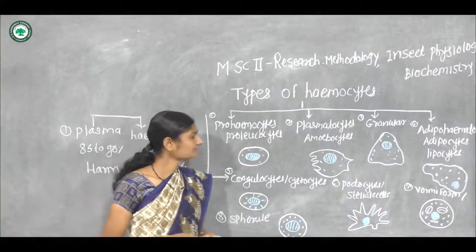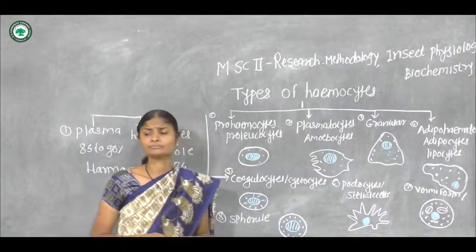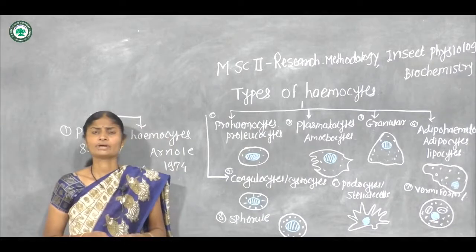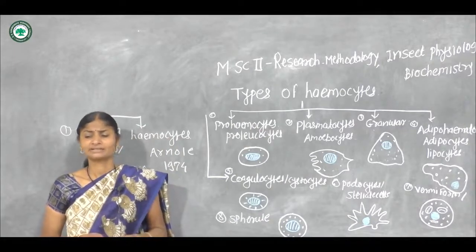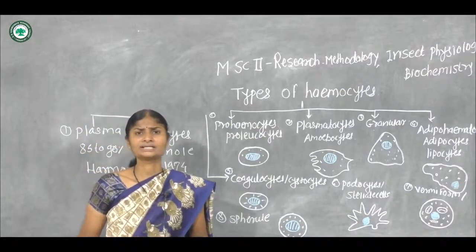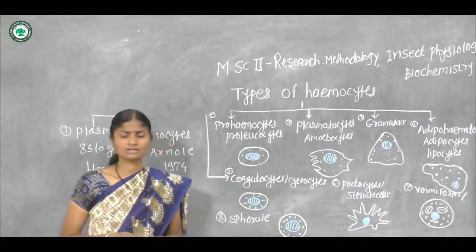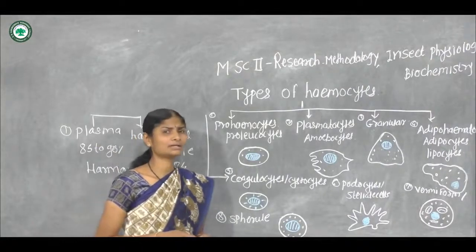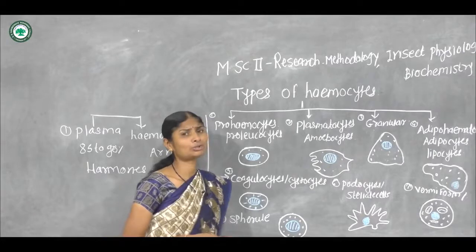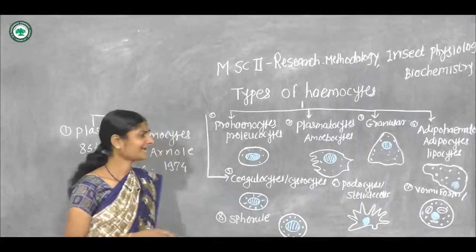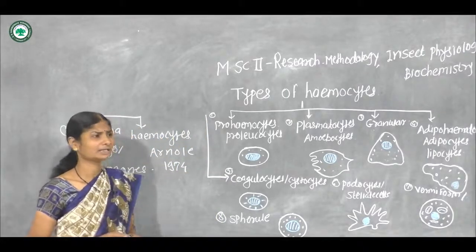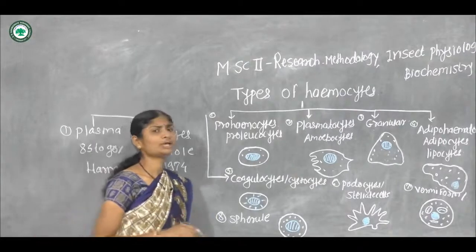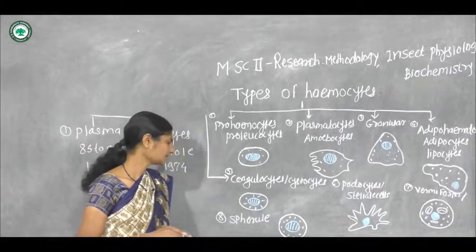And the last type is vermiform type. These vermiform hemocytes are thread-like, spindle-shaped structures with granular basophilic cytoplasm. They rarely occur, mostly occurring in the larvae.